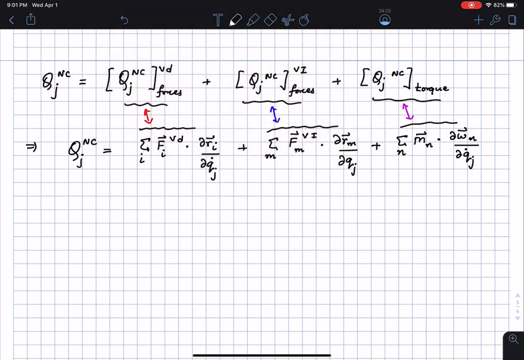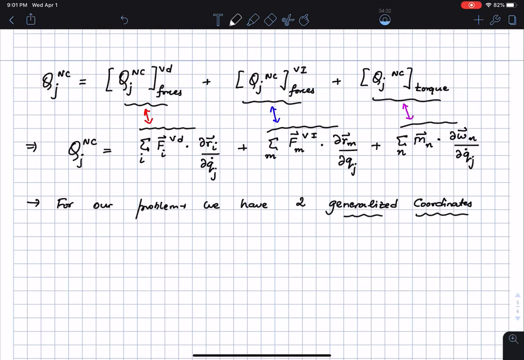All right, so for our problem, we have two generalized coordinates, and our generalized coordinates are x and theta.